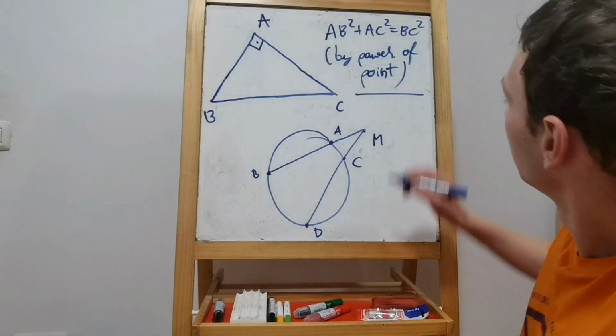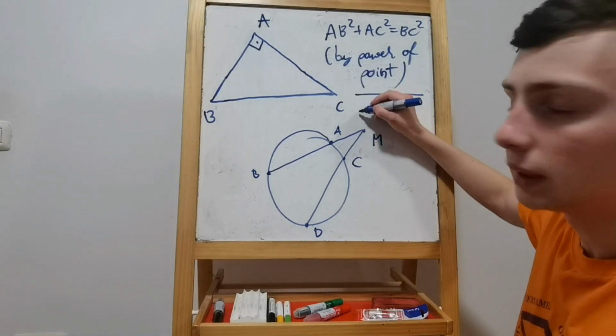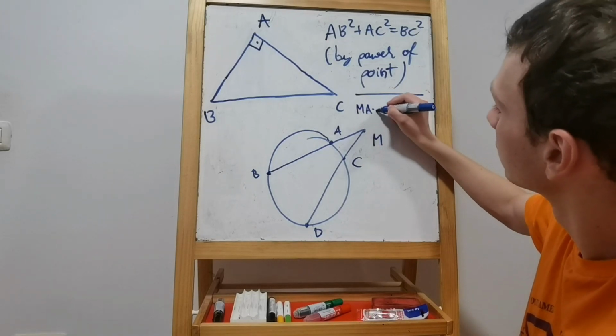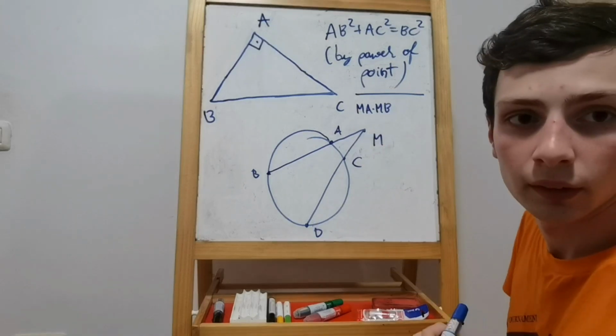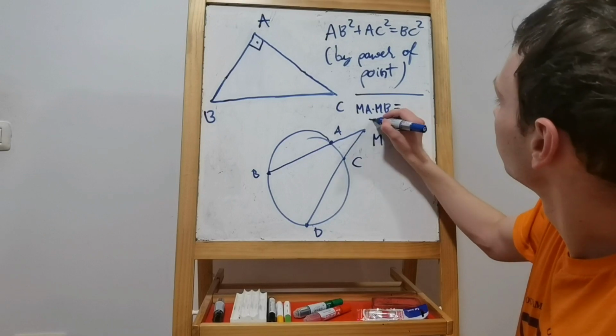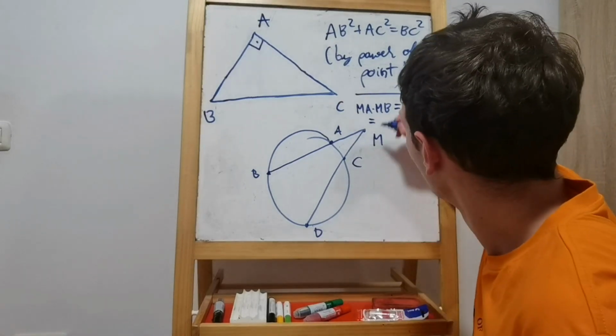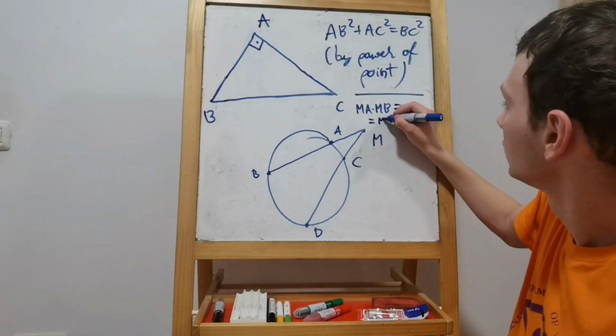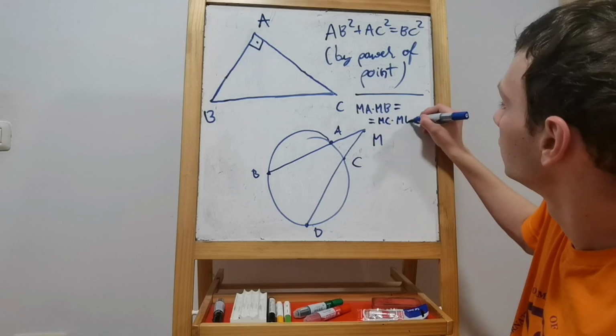then the quantity MA times MB is equal to the quantity MC times MD.